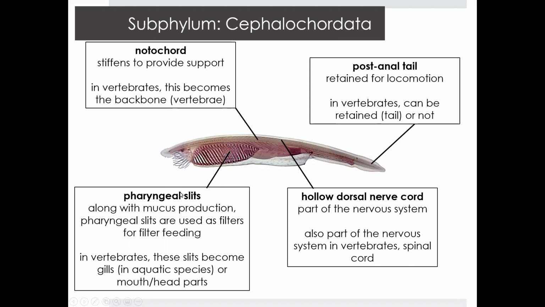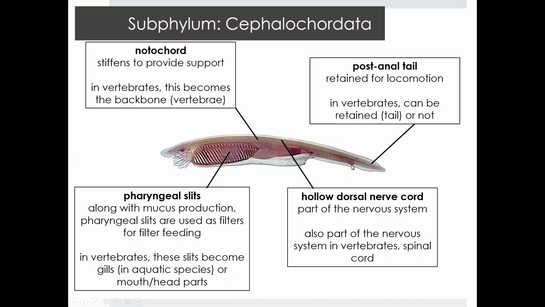As I was mentioning before, this helps lancelets filter feed. They're also responsible for mucus production, but ultimately they're used for filter feeding. In vertebrates, these slits become gills for aquatic species like fish, or they further develop into mouth or head parts, because again, we don't walk around with gills on our necks.